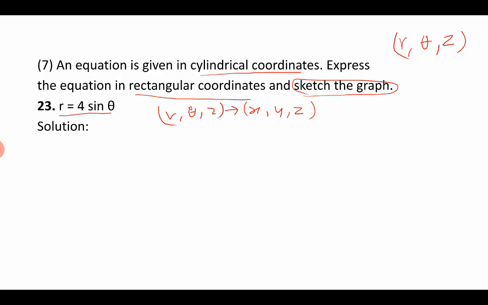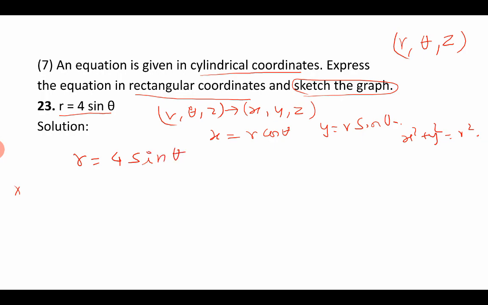No change occurs in z. The formula for x is r cosine theta, y is equal to r sin theta. We should remember this. And we have another rule connecting them: x square plus y square is equal to r square. We can use them. We are given r is equal to 4 sin theta.